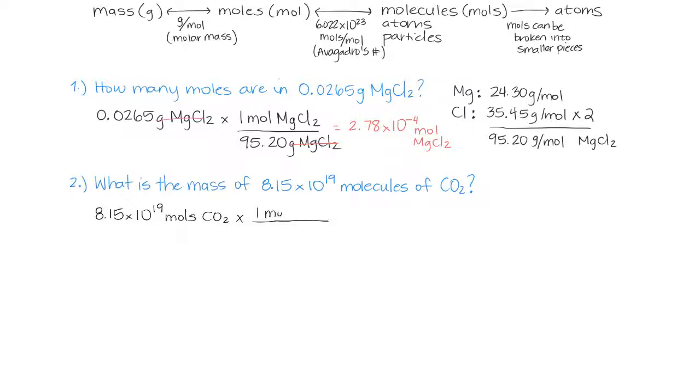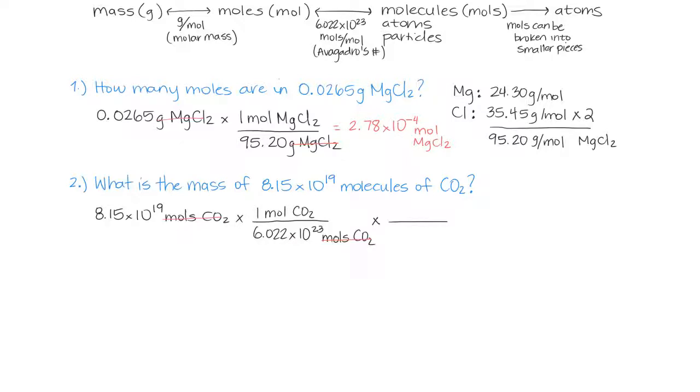There are 6.022 times 10 to the 23rd molecules of carbon dioxide in 1 mole of carbon dioxide. And our molecules of CO2 would cancel out. And if we stopped here, we would have moles of CO2.